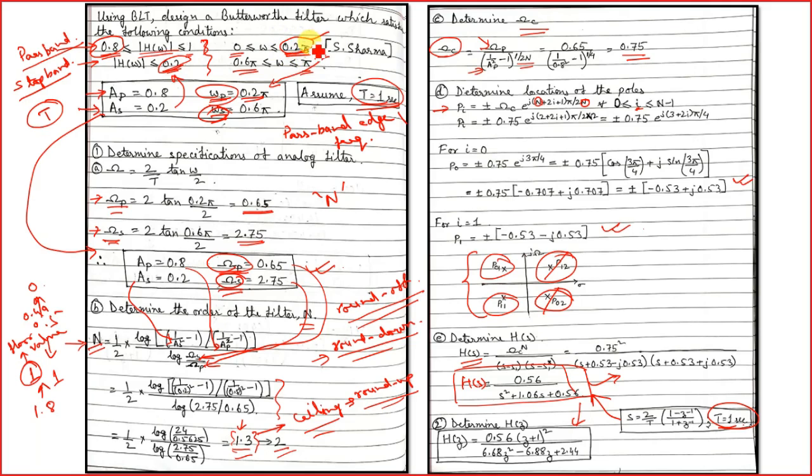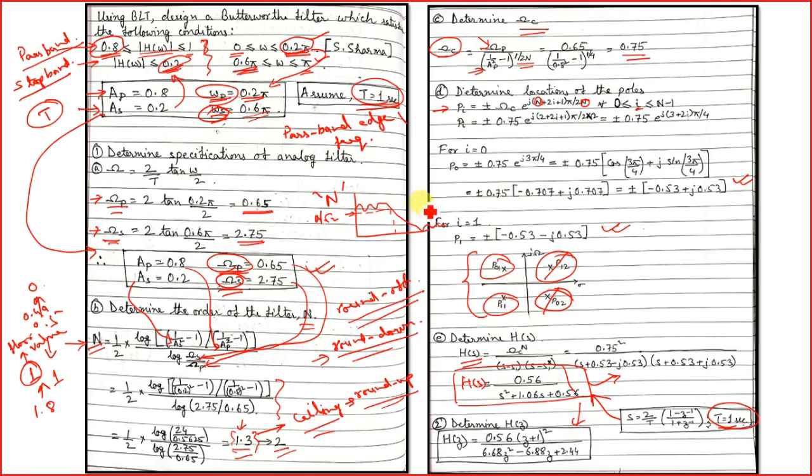This is the maximum distance, so this will be the passband edge frequency, and the stop band edge frequency starts over here, because when we are talking about the filters, it will be having something like this, right? This frequency goes up to 0.8, and from here it goes down, so this value is A by root 2, right?